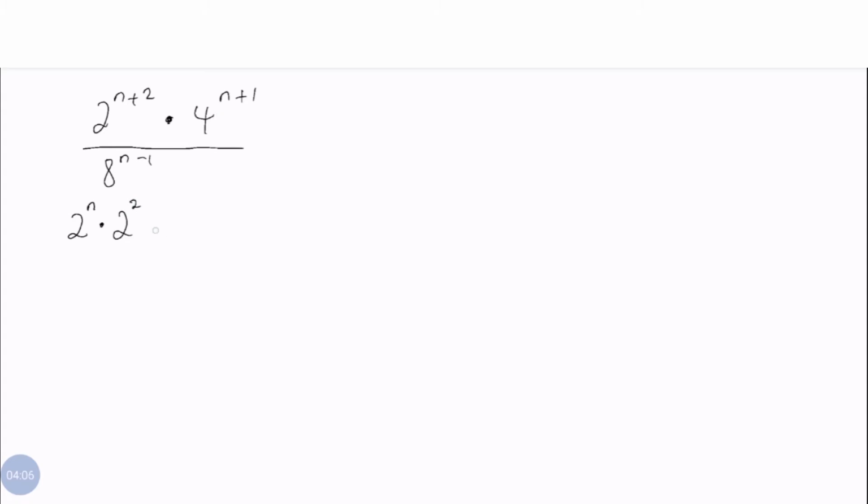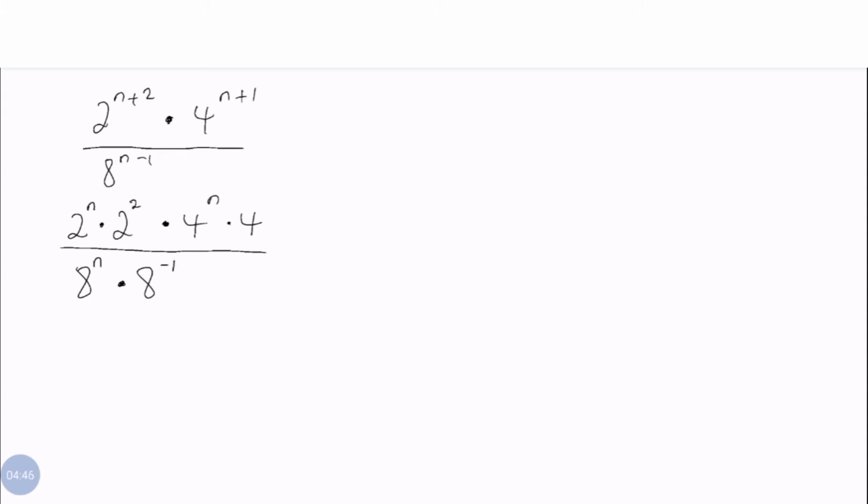In this case as well, we will have 4 to the power n multiplied by 4 to the power 1, but we don't have to write a 1 because 4 is just to the power 1. So all this is over 8 to the power n multiplied by 8 to the power negative 1.